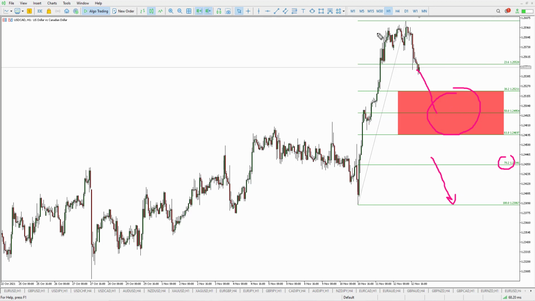There are quite a lot of sellers at this level and they keep pushing price to the downside, so in this case you wouldn't be very certain if you should be buying, and you should probably wait and see what the market will do next. Okay, like I said, we're mainly looking at this 61.8 retracement level as well as the 38.2 retracement level.